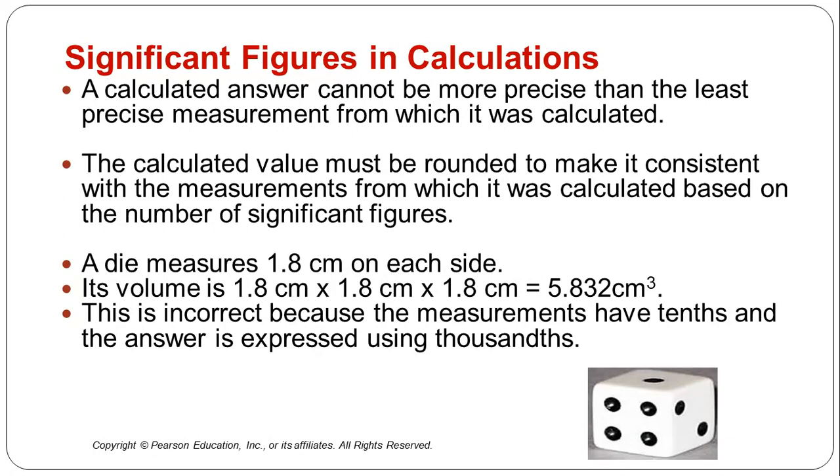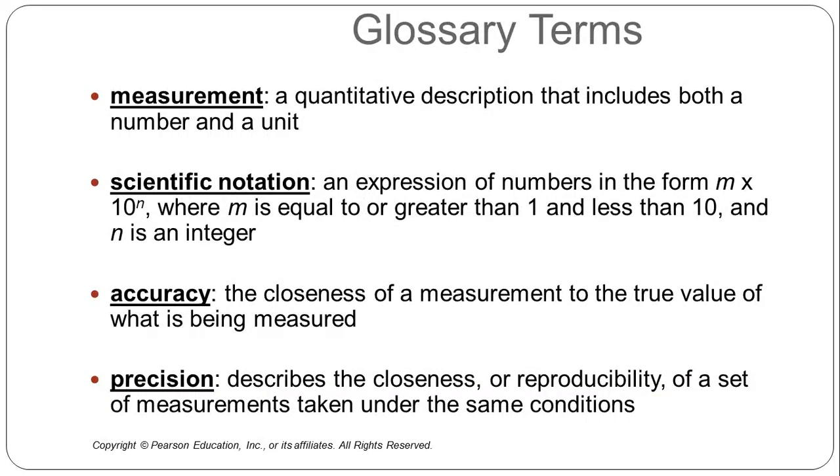Its volume is 1.8 cm times 1.8 cm times 1.8 cm, which equals 5.832 cm cubed. So this is incorrect because the measurement has tenths and the answer is expressed using thousandths. So ito yung kung paano tayo mag-calculate ng significant figures.